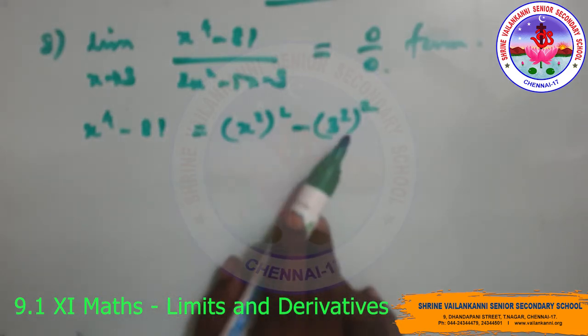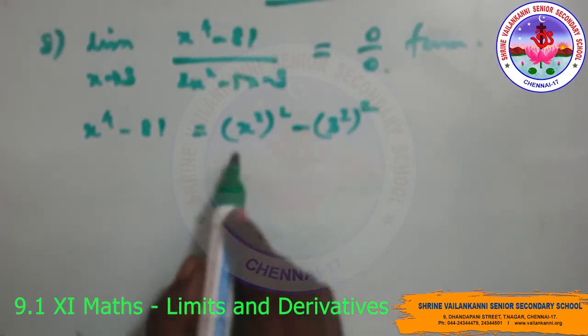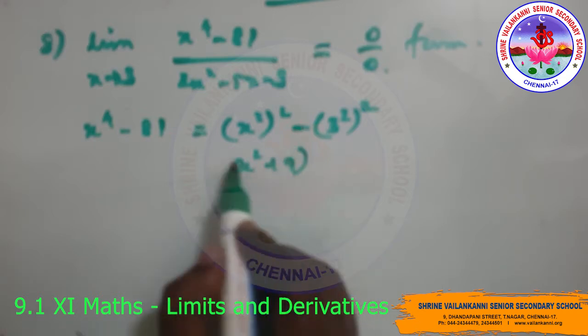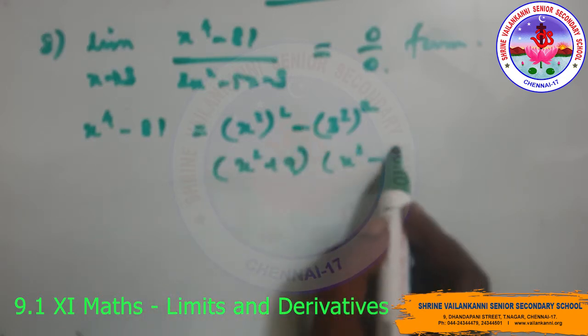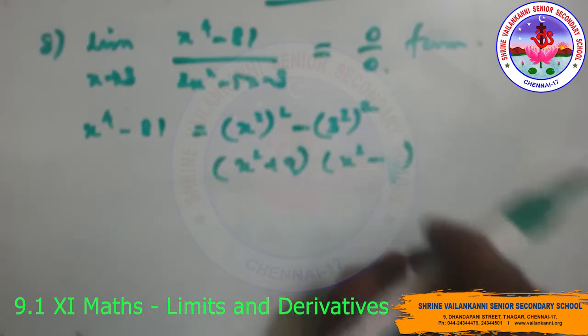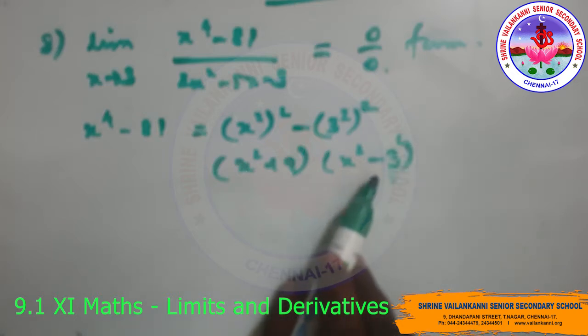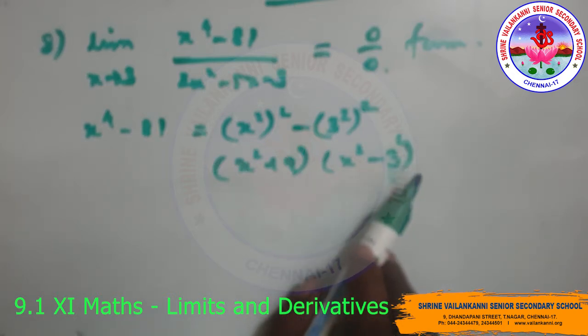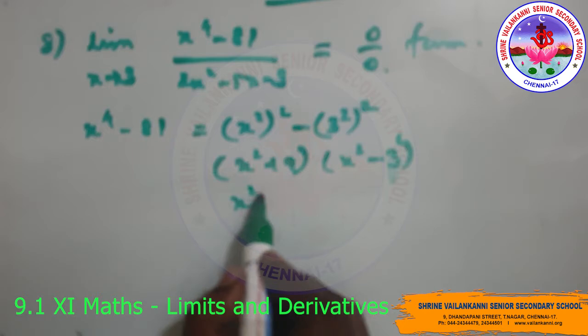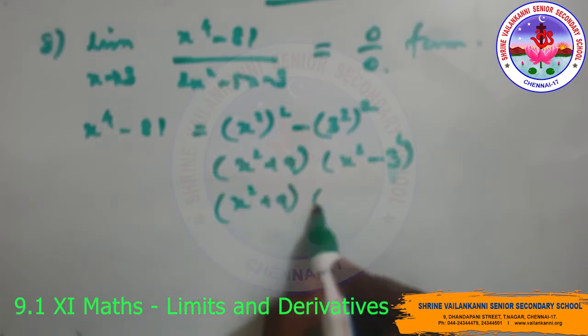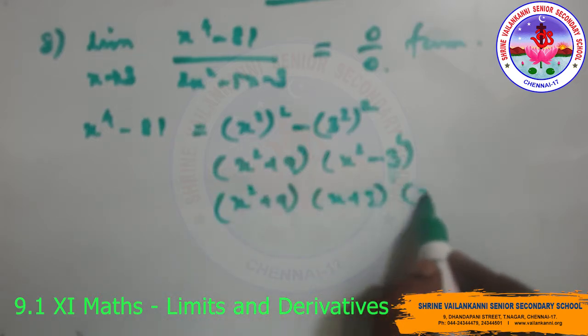So a plus b into a minus b. So x square plus 9 into x square minus 9. Again we are changing this as 3 square using the identity a square minus b square, which is a plus b into a minus b. So we get x square plus 9 into x plus 3 into x minus 3.